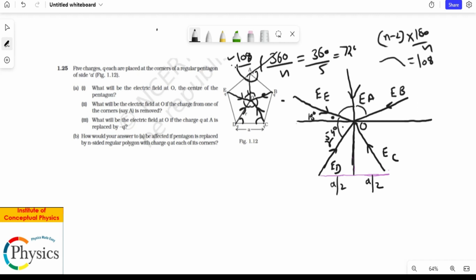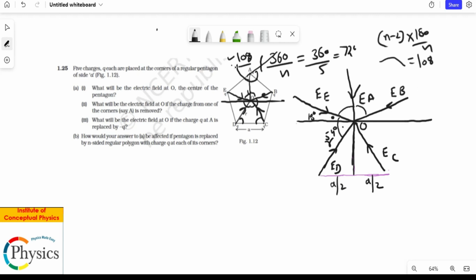Similarly you can go on and solve this, and as far as this particular angle goes, which I said is 18 degrees, you can also calculate that very easily using some knowledge of trigonometry. I've used the concept of symmetry for this purpose.